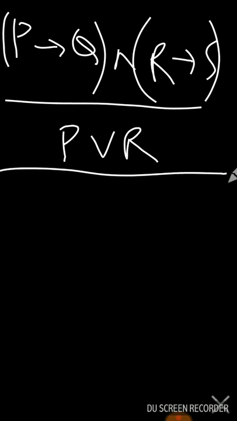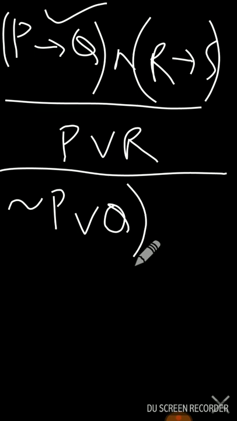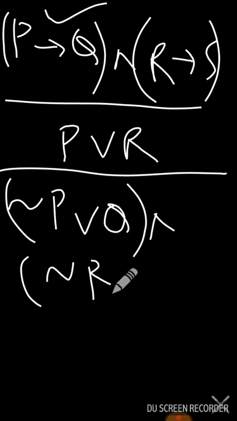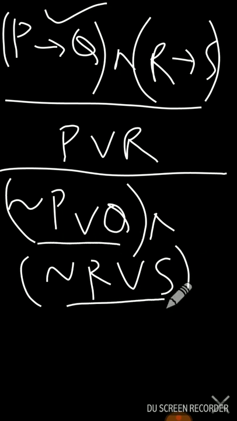Consider this first one: negation of P or Q, disjunction Q, and negation of R, disjunction S. Since here we have disjunction, here we have disjunction, but here we don't have disjunction, we can separate them.